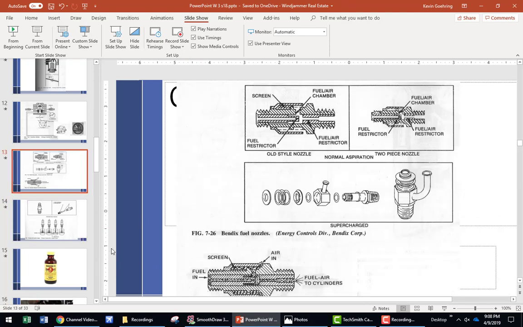All right. So on this side, we've got low manifold pressure. And what does it tend to suck in? It's sucking in some air right here, right? And what if I plug that up and it can't suck in air anymore? What's it going to want to suck? Fuel. More fuel.